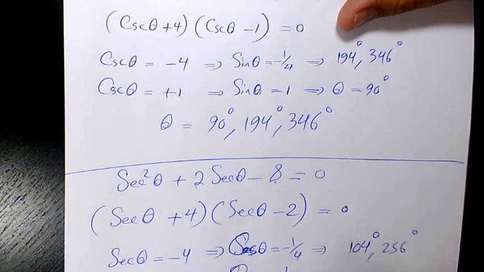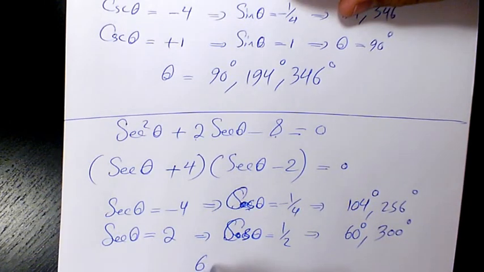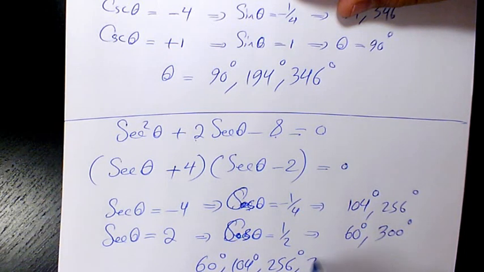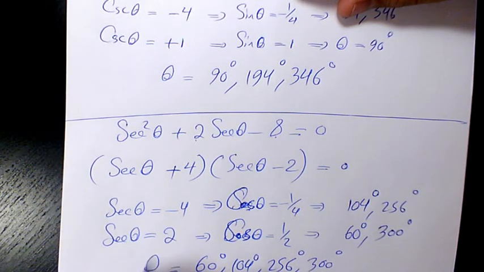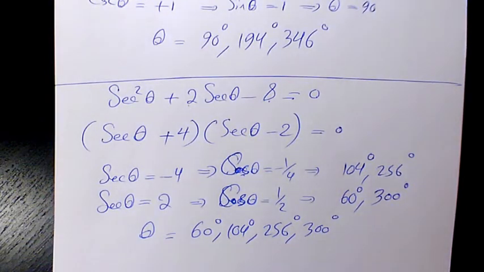Here we have cosine theta 1/2, which is going to be pi/3, that's 60 degrees, and also 360 minus 60, which is going to be 300 degrees. So we have 60 degrees, 104 degrees, 256 degrees, and 300 degrees. These are going to be the 4 answers to this question.